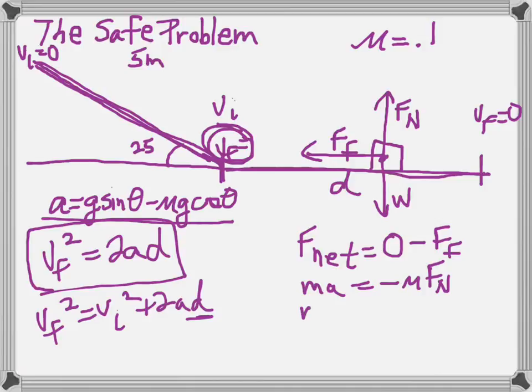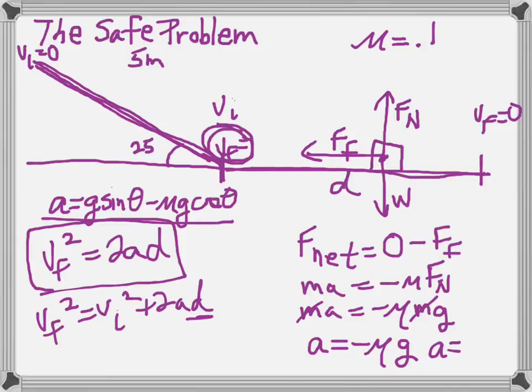In this case, the normal force would be the weight, which is m times g. Masses will cancel out, and the equation for the acceleration of the box going on the horizontal surface would actually be negative mu g. So gravity is 9.81, mu is 0.1, so technically, I guess I did figure out something for you here, the acceleration would be negative 0.981 as it's going along here.